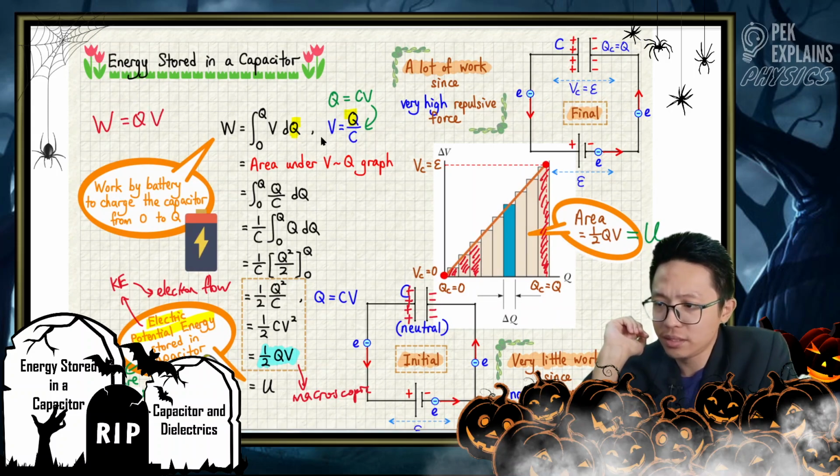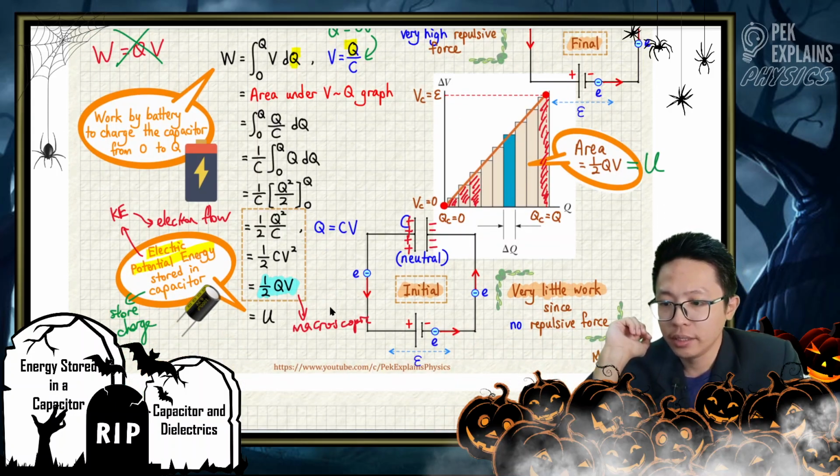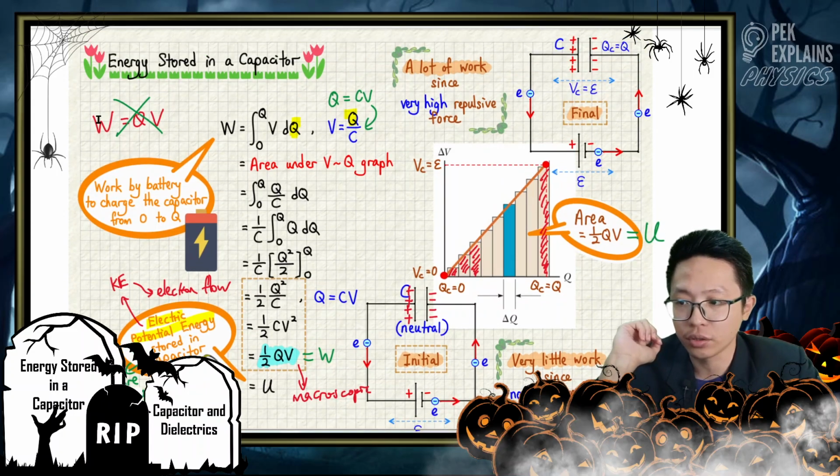This is a wrong concept. Work done is actually also half QV. Work done is not QV.